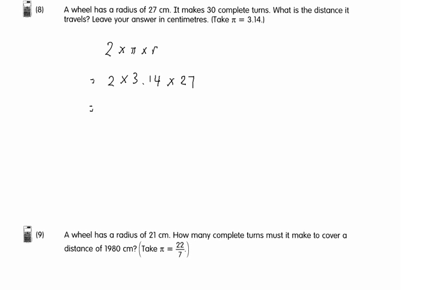Gabriel, tell me. Jingkai, tell me. 169.56 cm. So this is circumference, right?